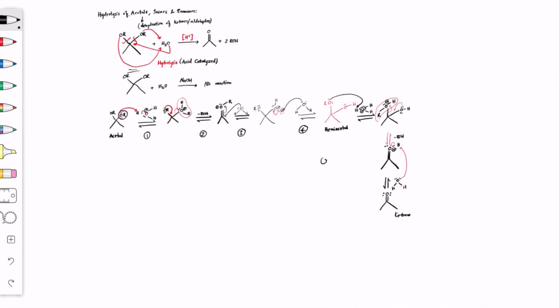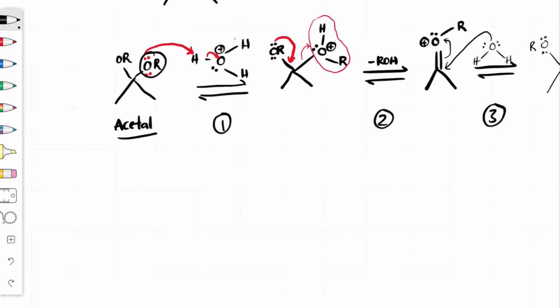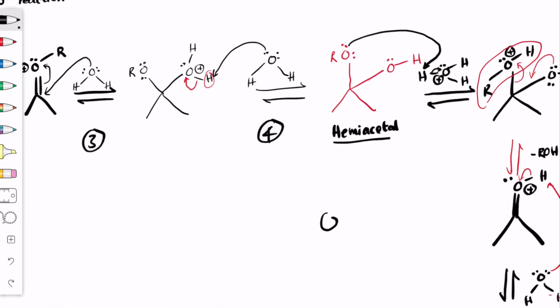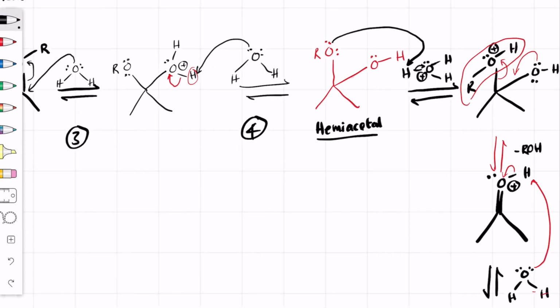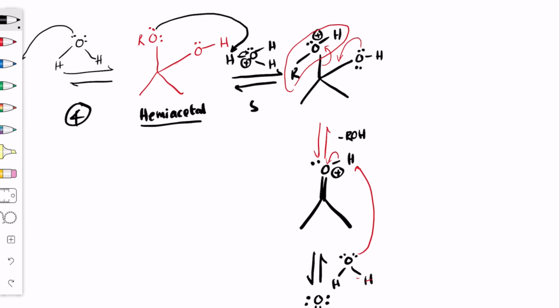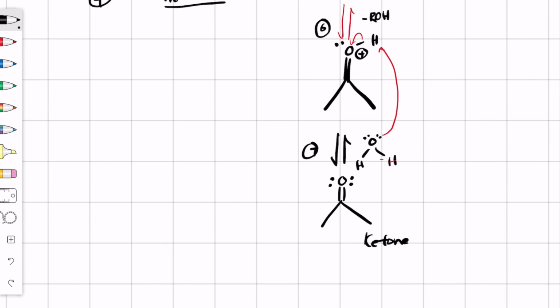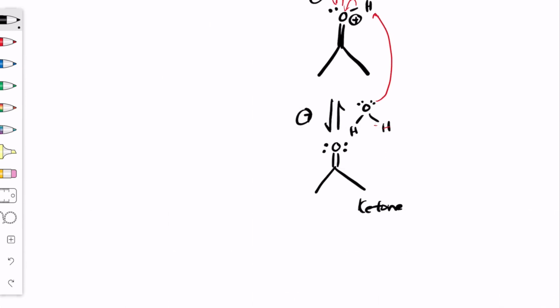So you start with acetal and you end up with hemiacetal. So you started with acetal and you get hemiacetal. So between 4 reactions, and between 4th, 5th, 6th, 7th, so between 5 and 7 you end up getting ketone.